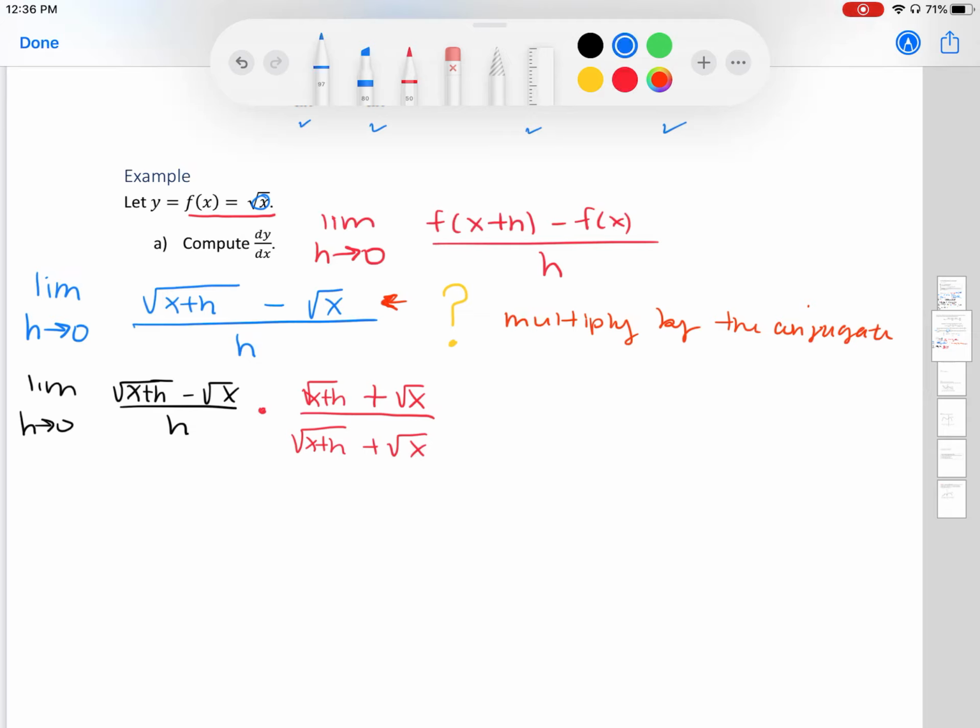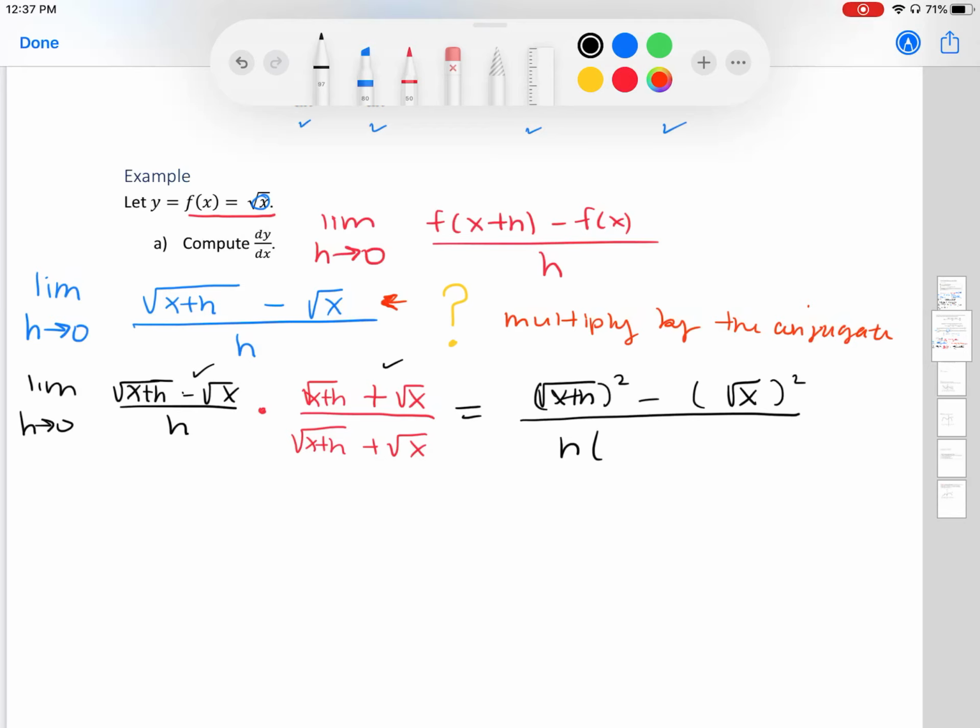Okay, I'm not going to fully multiply it out, at least for the numerator, because remember, we just have a difference of squares. Since I have the same argument but with the minus and the plus, it's the same thing as something squared minus something squared, so that you're not stuck foiling and creating a larger mess. So we have the square root of x plus h squared, and the square root of x squared in our numerator. In our denominator, let's not multiply it out just yet.